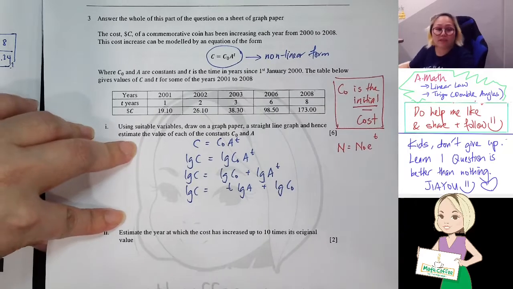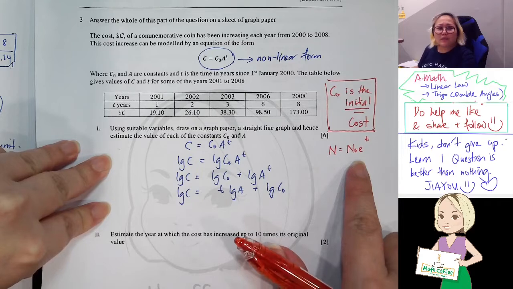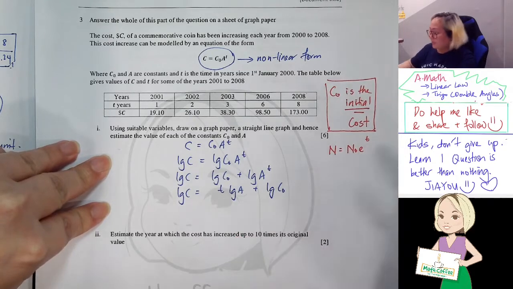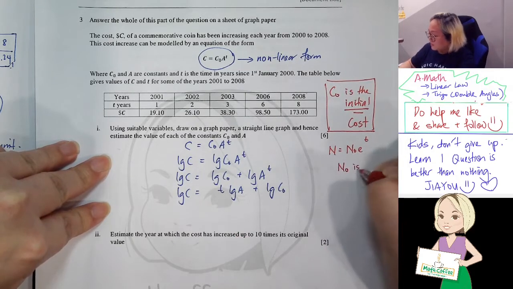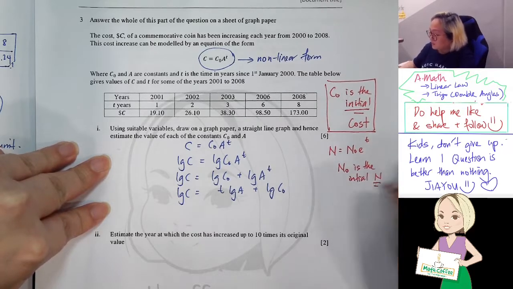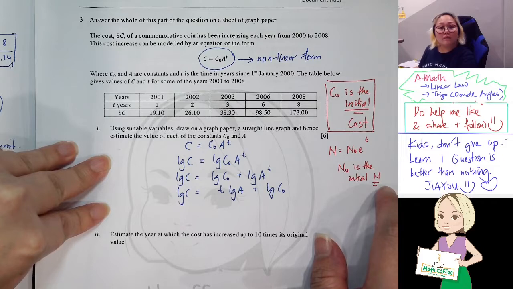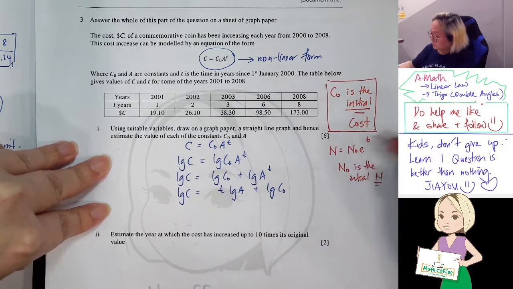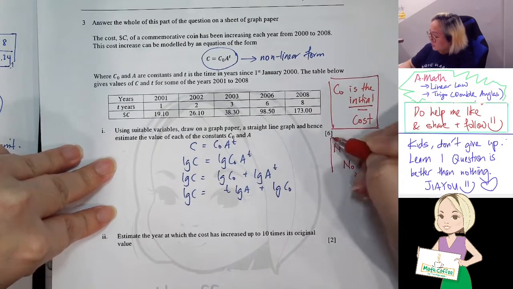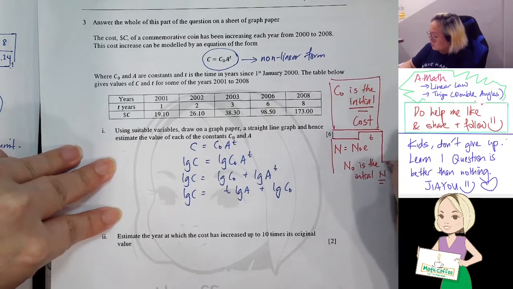When you see something like that, you wonder what this is. So actually this N naught simply means the initial N, the starting value. So the red color is not related to the question other than the C naught.